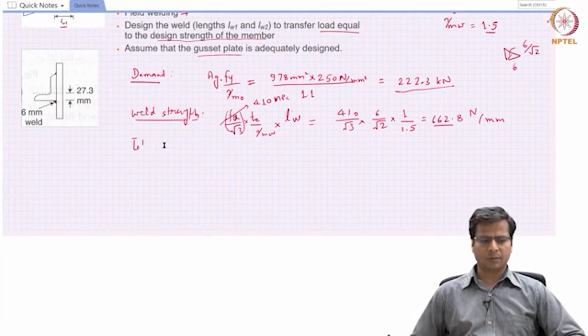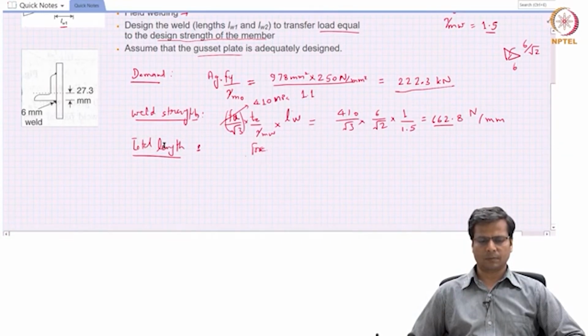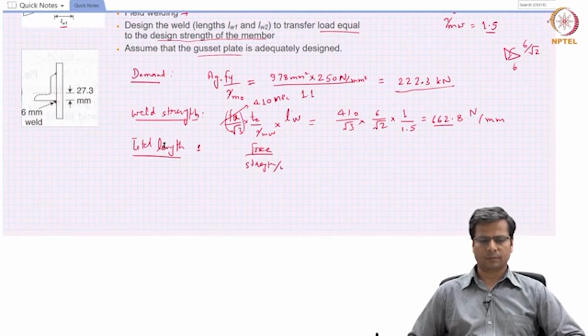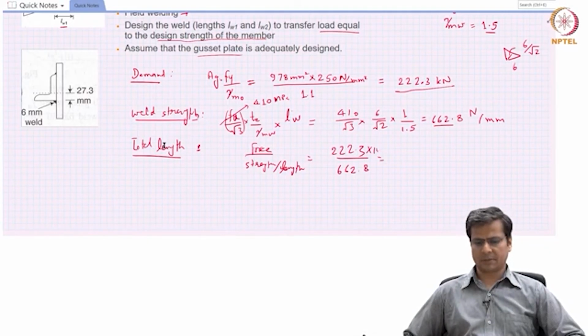Total length required will be force divided by strength per unit length, which is basically 222.3 divided by 662.8, multiplied by 10 to the power 3, because it's a kilonewton in the beginning and now it is changed to newtons.